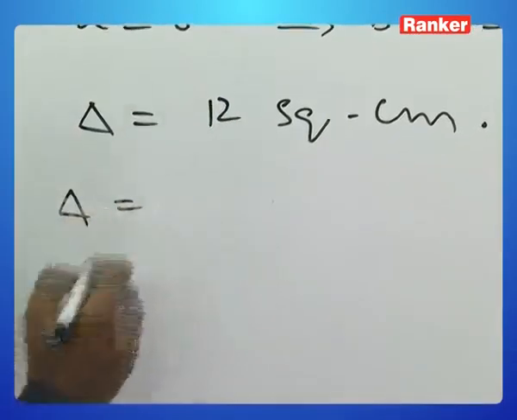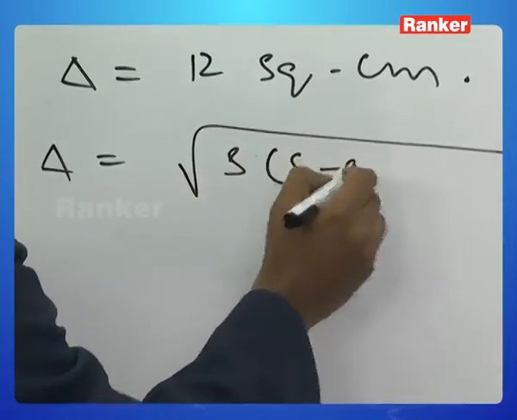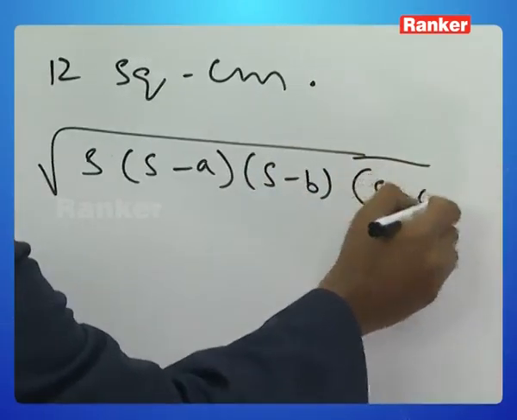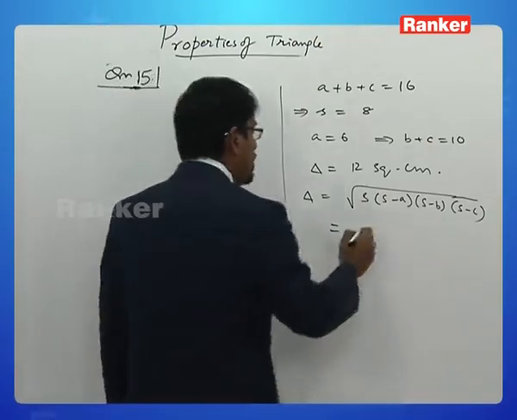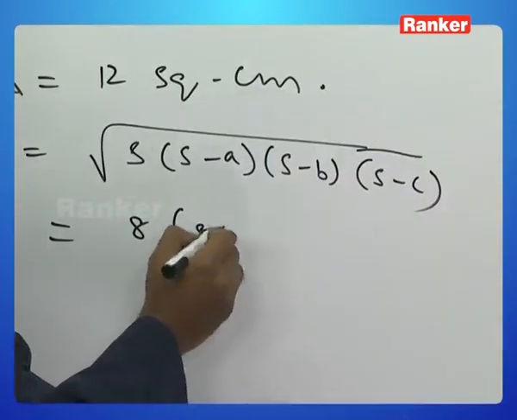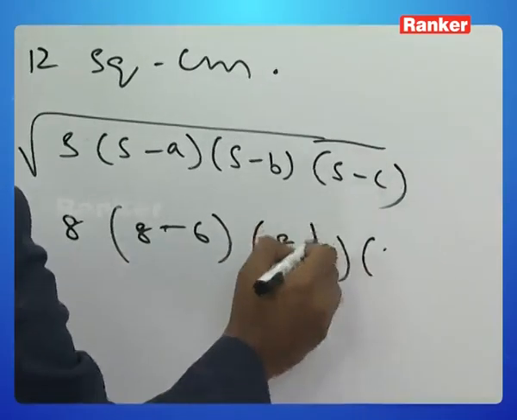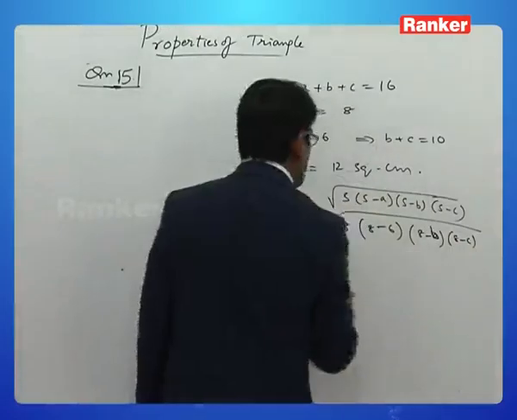Delta is equal to root over s into (s minus a) into (s minus b) into (s minus c). Here s is 8, so 8 into (8 minus 6) into (8 minus b) into (8 minus c) under root.